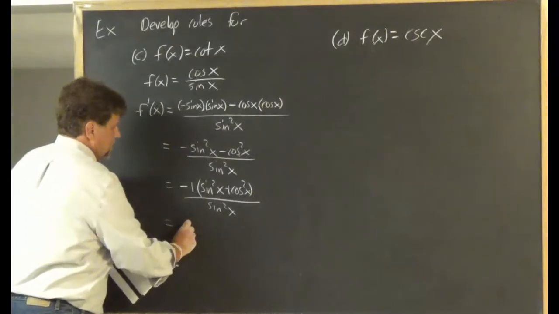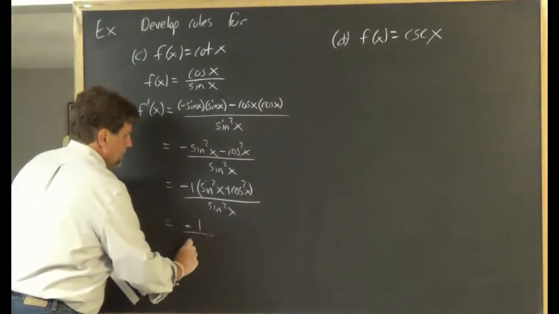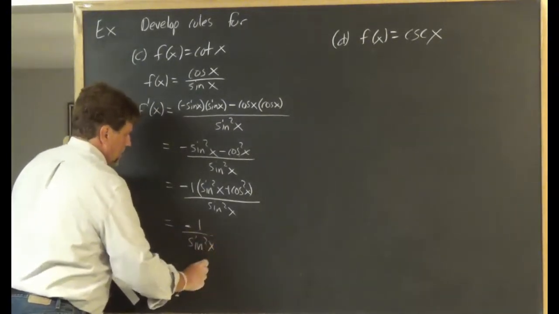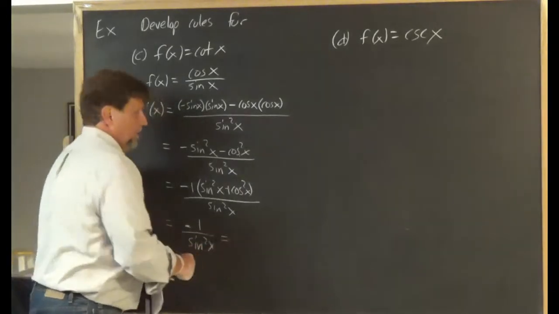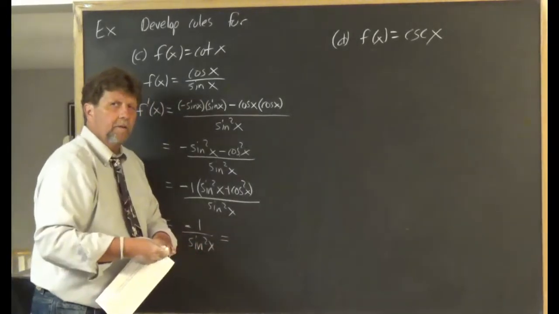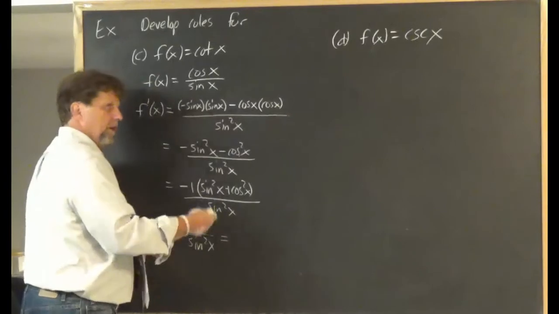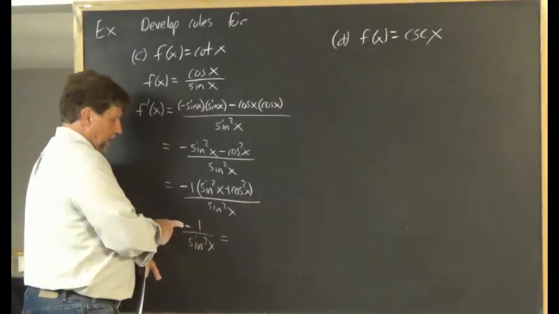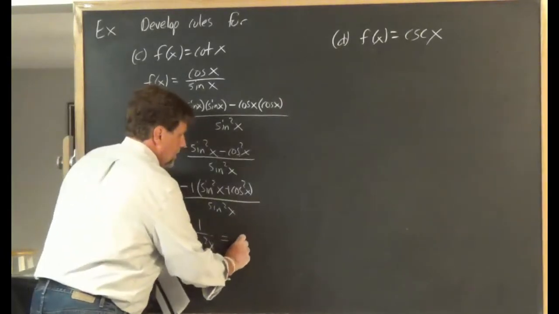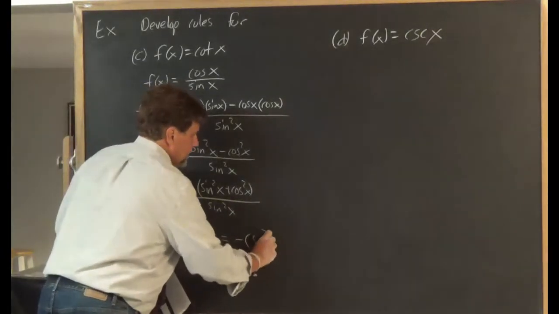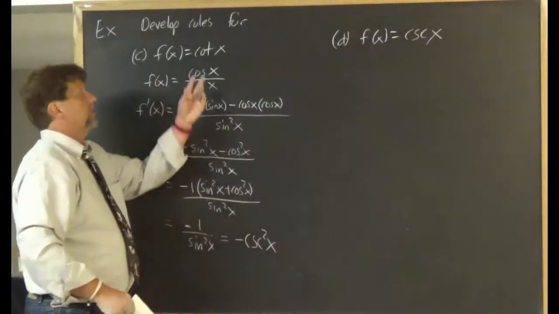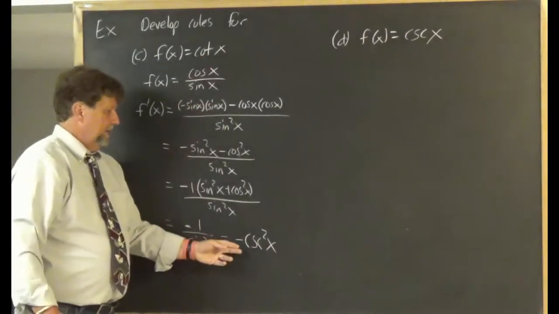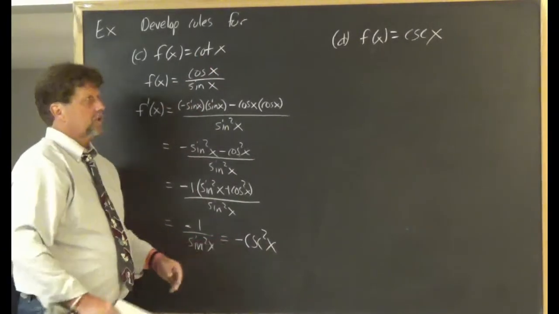So this leaves us with negative 1 over sine squared x, which is, well, 1 over sine is cosecant, so 1 over sine squared is cosecant squared. But don't forget the negative sign. Negative cosecant squared x. So the derivative of cotangent is negative cosecant squared.